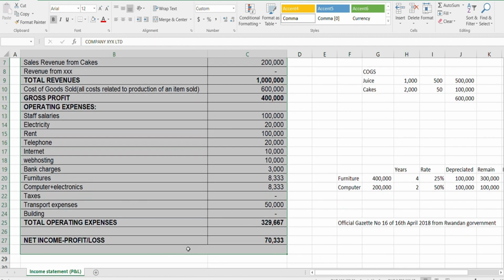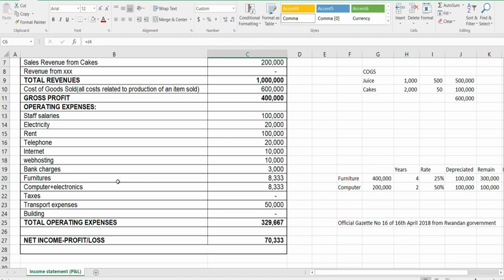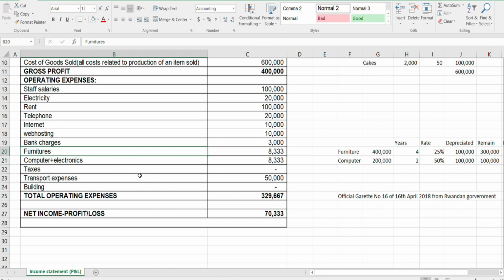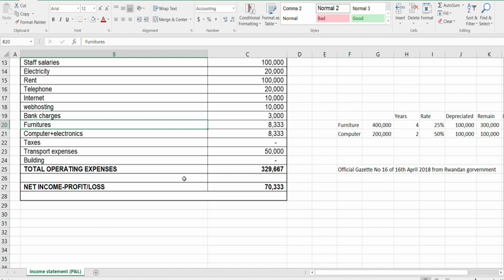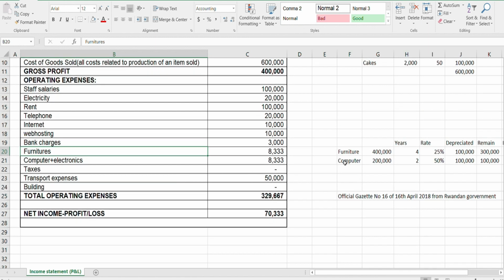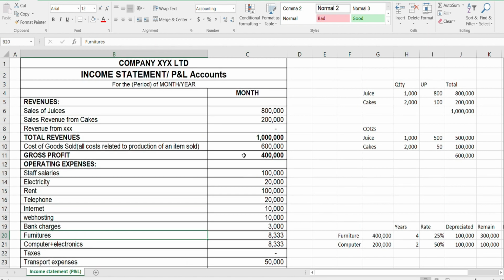Well done. It is not that it is easy, only put in your figures. Consider also the part of depreciated assets that should be recorded separately with other expenses. So it is good now to do this exercise on your own, so that by using your figures, it will be easy to understand more.